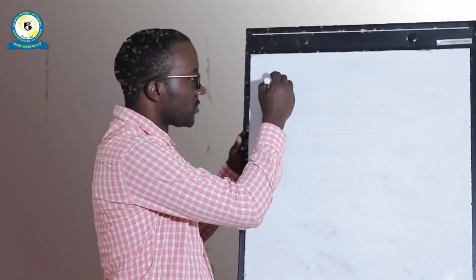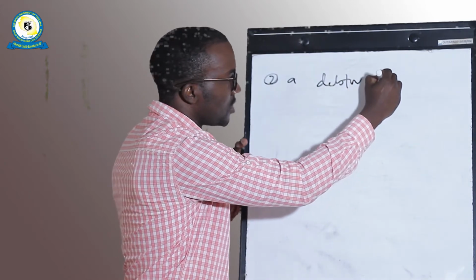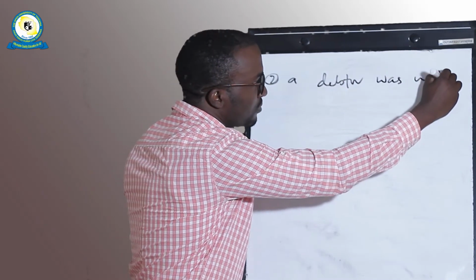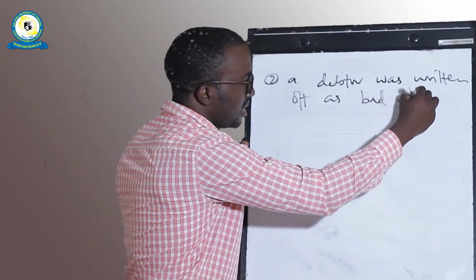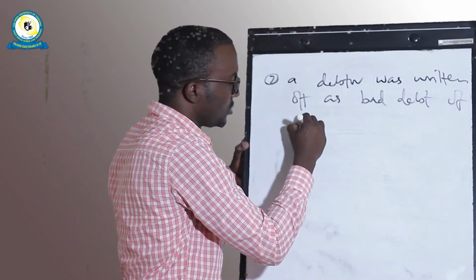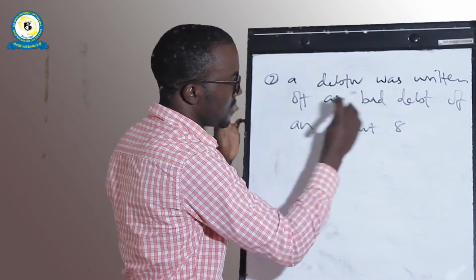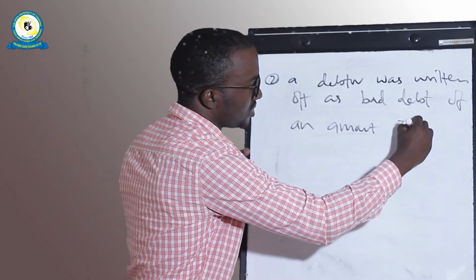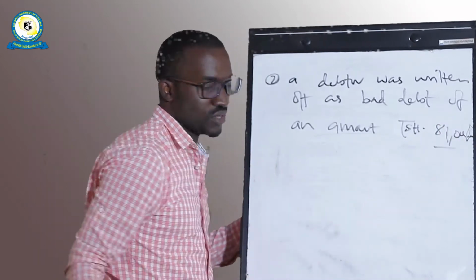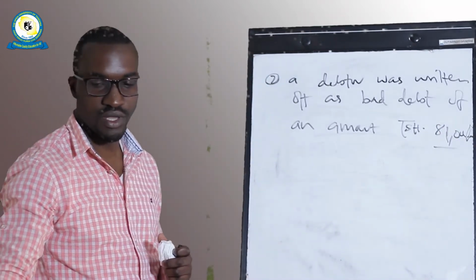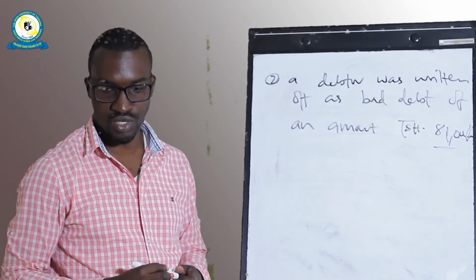So a debtor was written off as bad debt, of an amount Tanzanian shillings 81,000. Okay, so that is the transaction: we had a debtor before, and then this debt was written off.